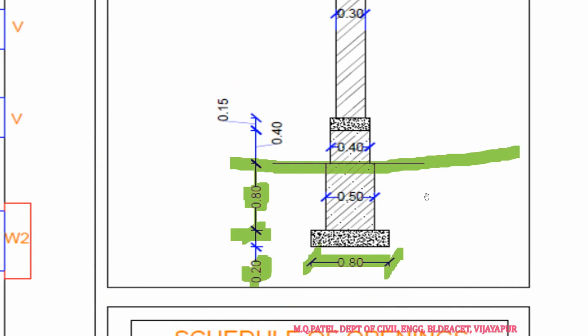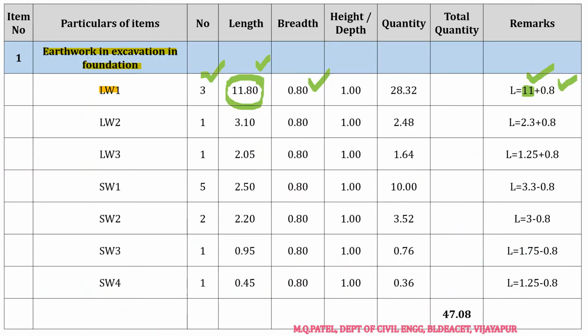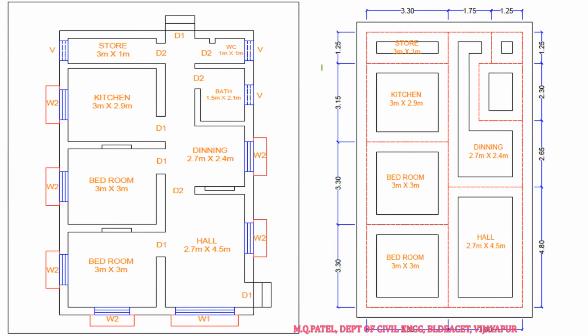I hope it is visible to you guys. So from here till here it is 0.8 plus 0.2, therefore it is 1 meter, right? So if you multiply you'll get the answer as 28.32 cubic meters, right? I hope it is clear now.